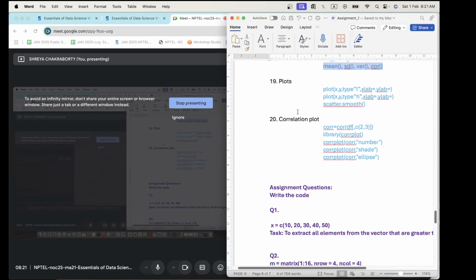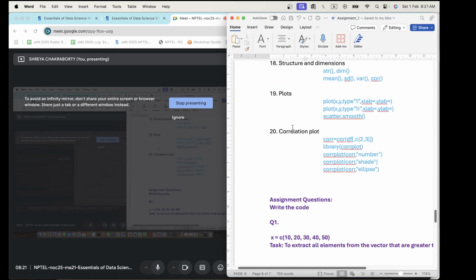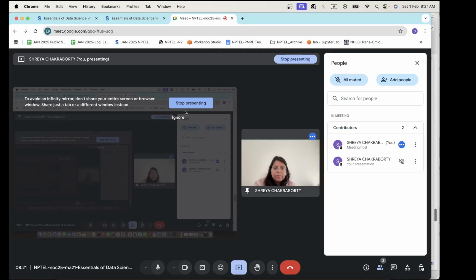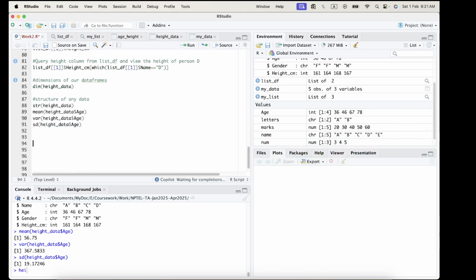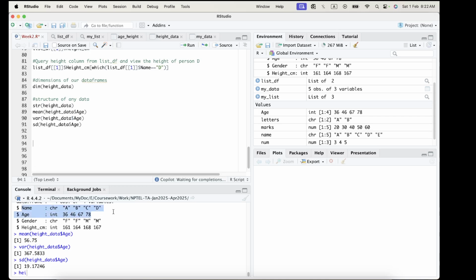Alright, now let us learn a little about plots. Let's say I want to plot the names and the ages.